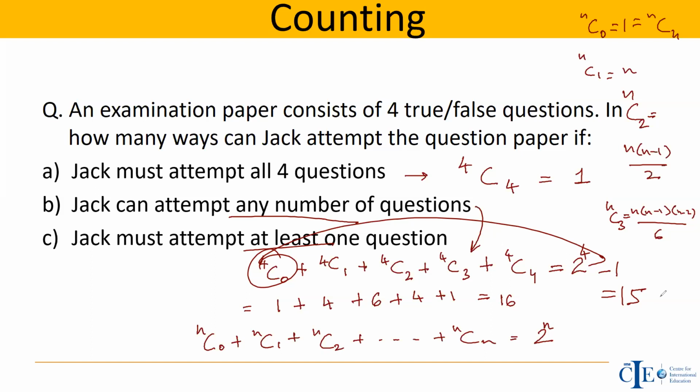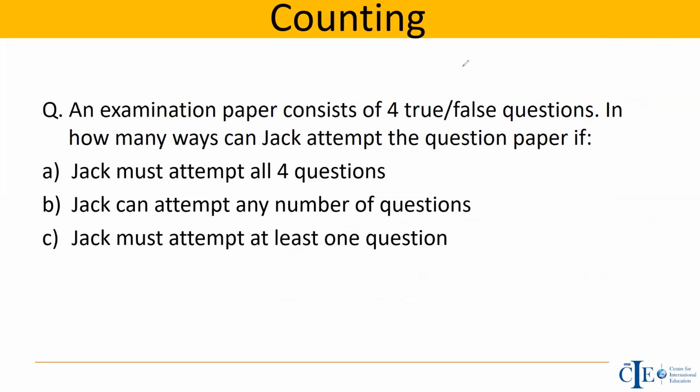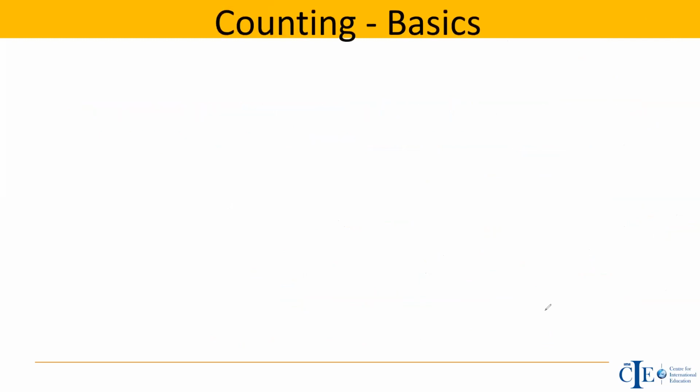Are you guys clear with the role of NCR and when to use NC0? See, as far as GRE is concerned, they will not go anything beyond this, right? It's a very simple, fixed set of rules. Firstly, if you look at the basic theory, there are two fundamental principles of counting.